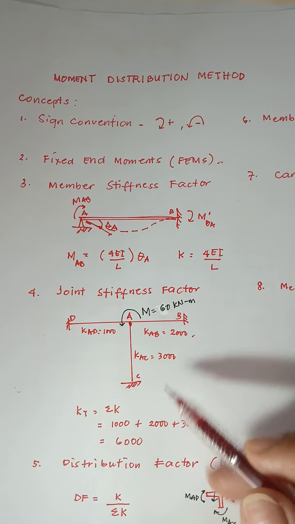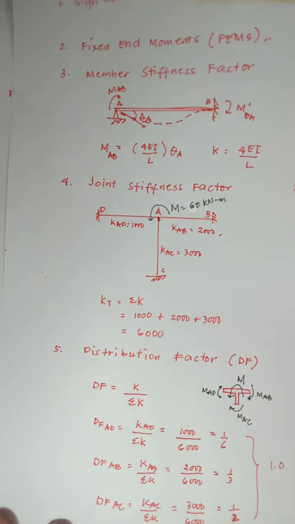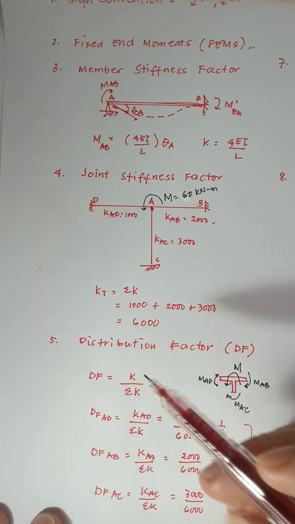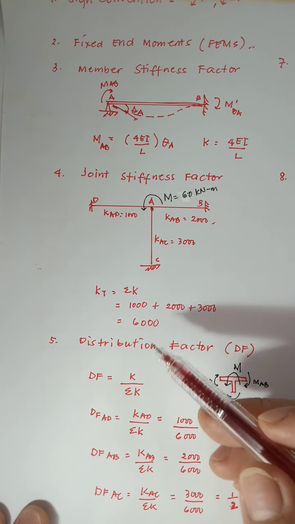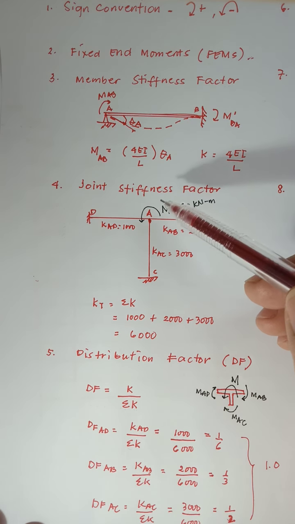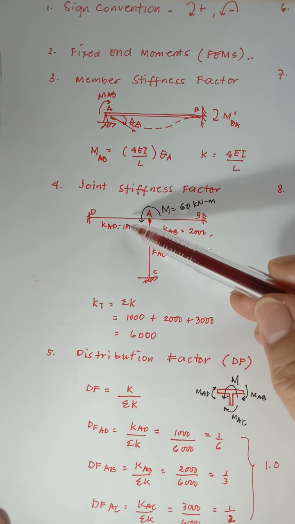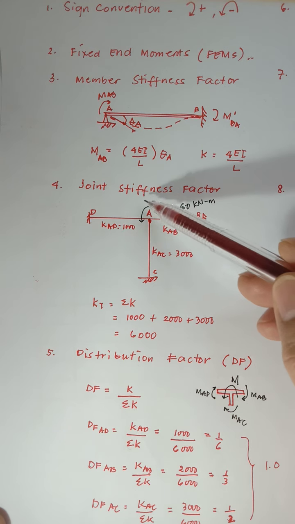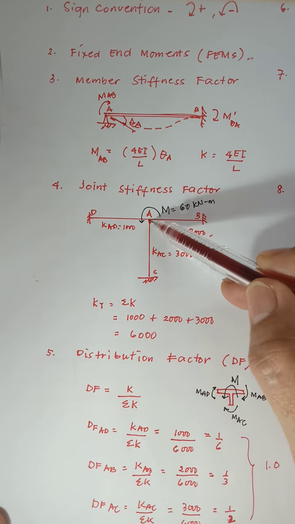Another concept is what we call the distribution factor. The distribution factor is equal to K over the summation of K. For this joint, the distribution factor for AD is equal to the ratio of its stiffness factor over the summation of the stiffness factors of the members meeting at the joint.